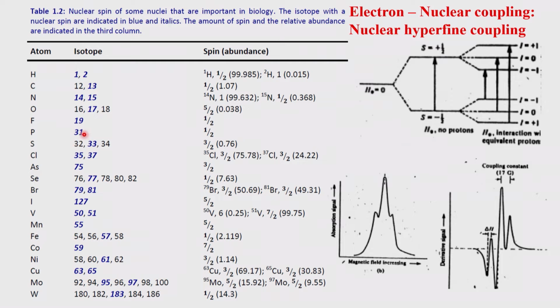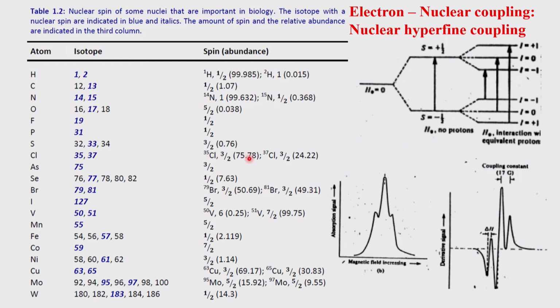Arsenic is 3/2, nothing is written, that means 100%, and selenium, not all others, only 77 with 7.63%. There is some possibility of seeing the coupling with selenium because it's 7.6%. Now you go to bromine 79 and 81, so 3/2 with 50 point something, and 81 bromine 3/2 with 49 point something.